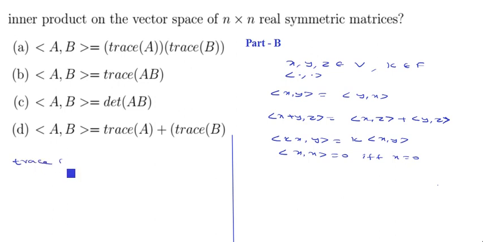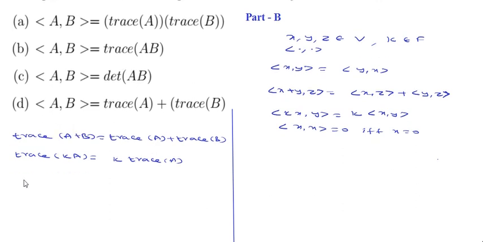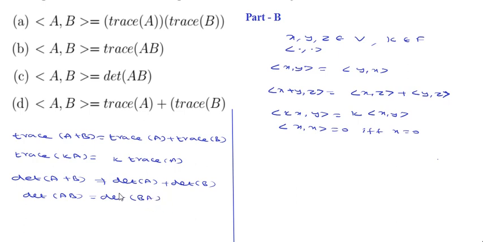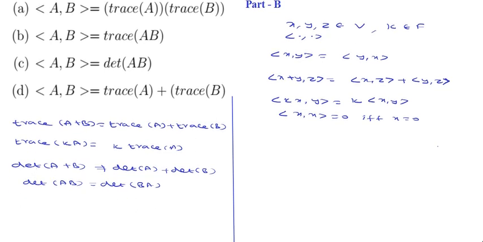That is trace of A plus B is equal to trace of A plus trace of B. And trace of k times A is equal to k times trace of A. And determinant property: determinant is not a linear property, so determinant of A plus B is not equal to determinant of A plus determinant of B. And determinant of AB equal to determinant of BA if both AB and BA are defined. So now let us see the options one by one.